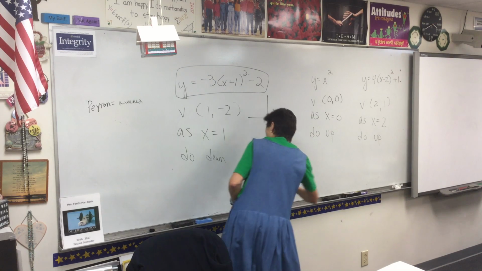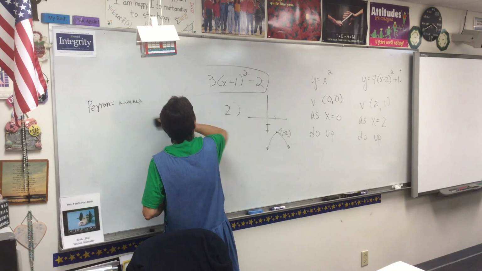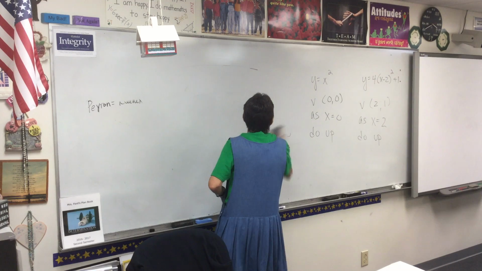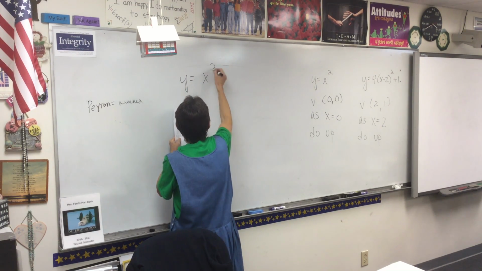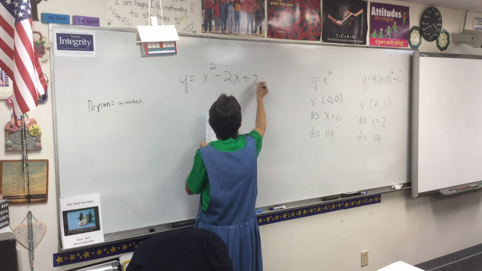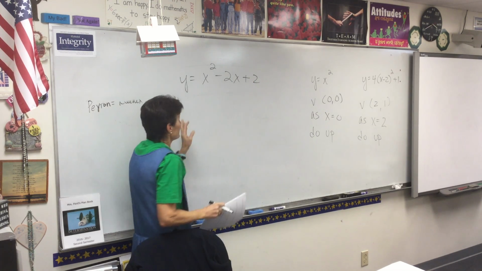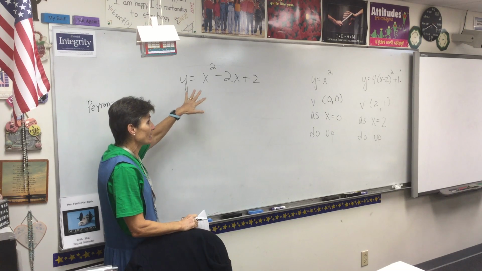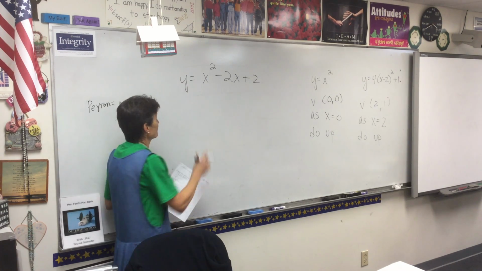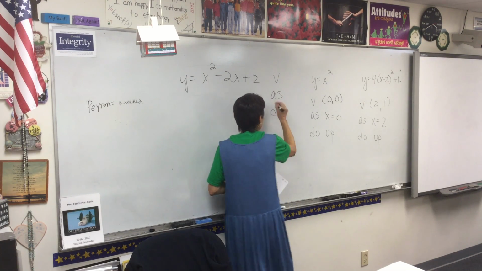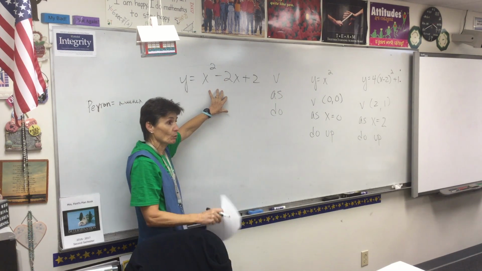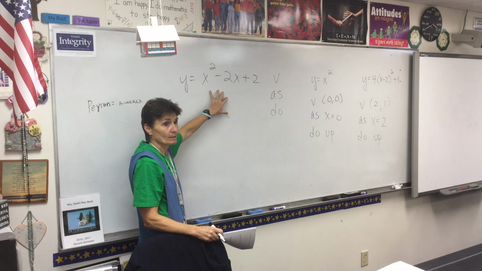Normally, your equations are written in what's called standard form, and that is this. Now, you need to come up with exactly the same information. You need the vertex, the axis of symmetry, and the direction of opening, but now your equation looks like this.